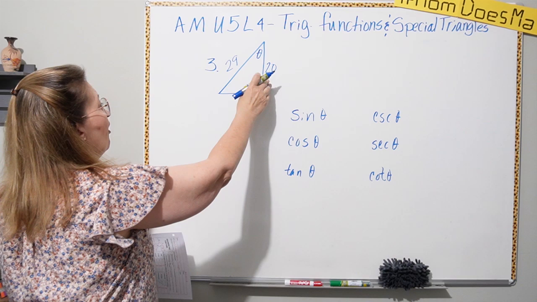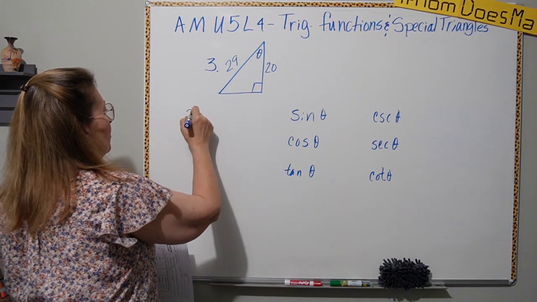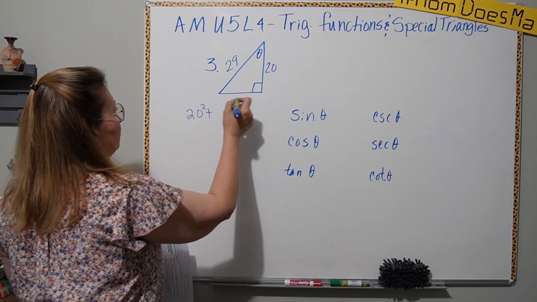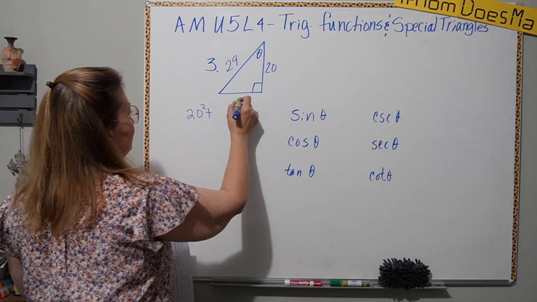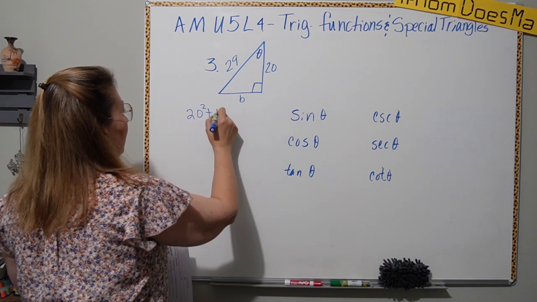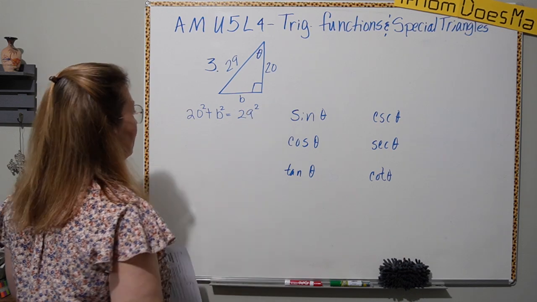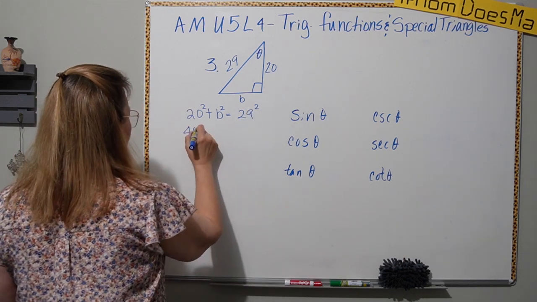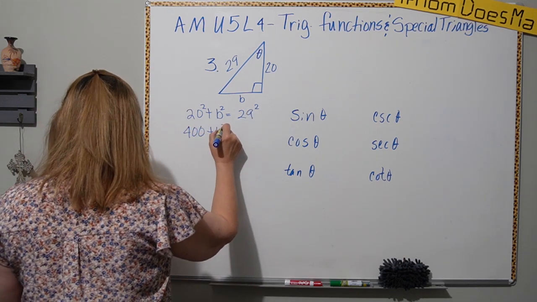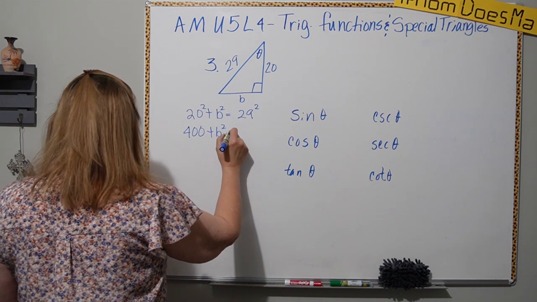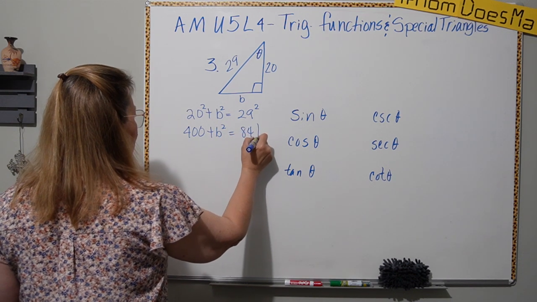So anyway, to solve, you know it's going to be side squared, which is 20 squared, plus, and I'll just make this side b, b squared is equal to your hypotenuse squared. So we've got 400 plus b squared is equal to 841.